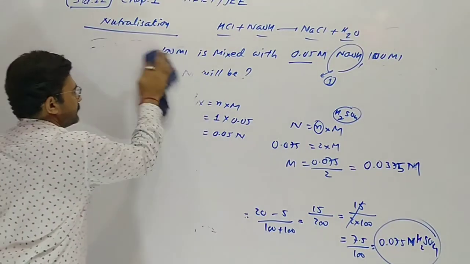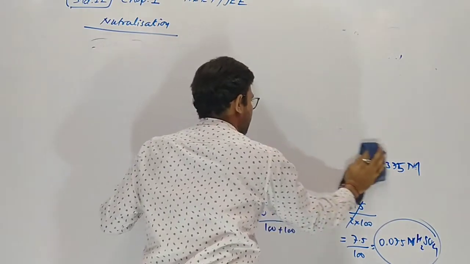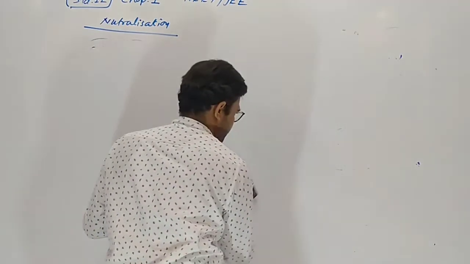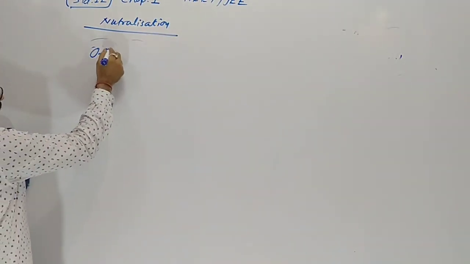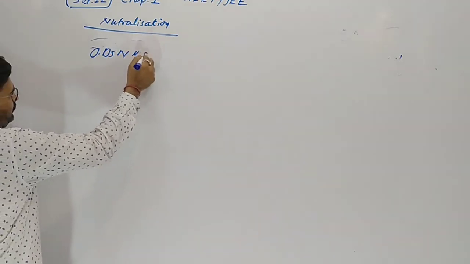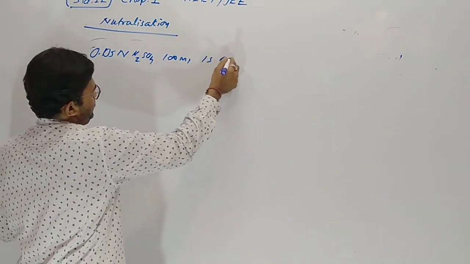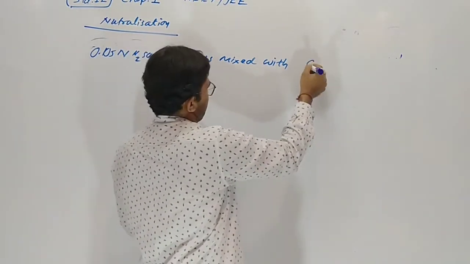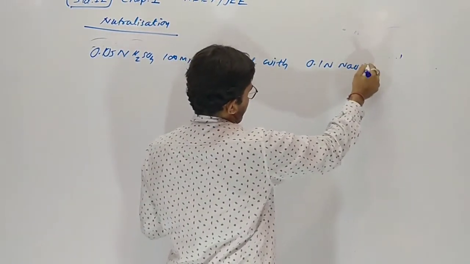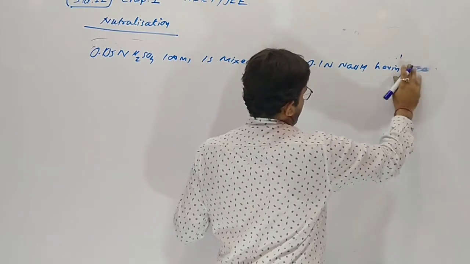Now, sometimes two acids and one base are given. Before that, we are taking once again 0.05 normal sulfuric acid of 100 ml mixed with 0.1 normal NaOH having 100 ml.